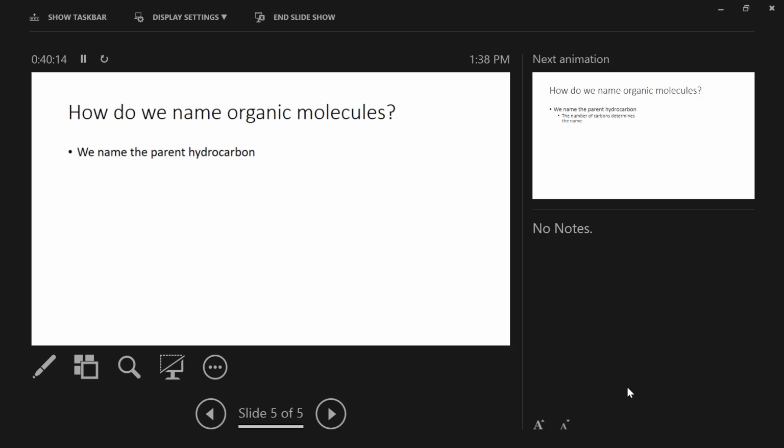First thing we do is we name the parent hydrocarbon. And here, in order to do this, we need to count the number of carbons, because that's what's going to determine the name.